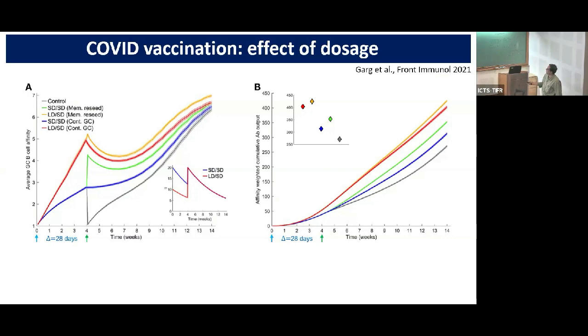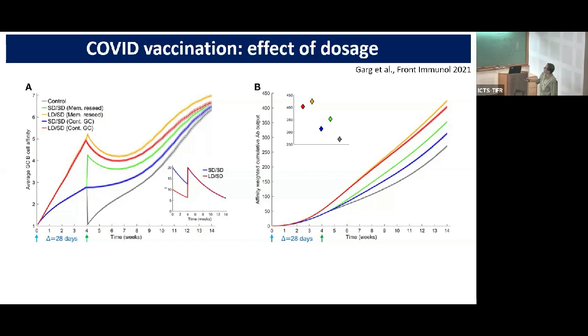And in both cases, you find that if you use the low dose versus the standard dose, you got better overall responses than if you used standard doses alone, right? This is just the representation of the same thing. This is where you had low dose followed by standard dose. That was better than if you had both standard doses, right?